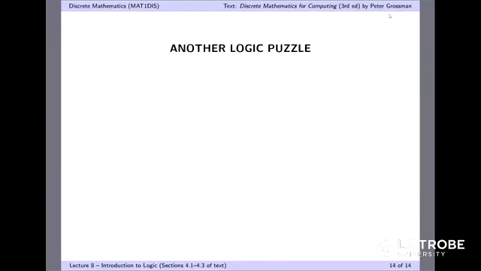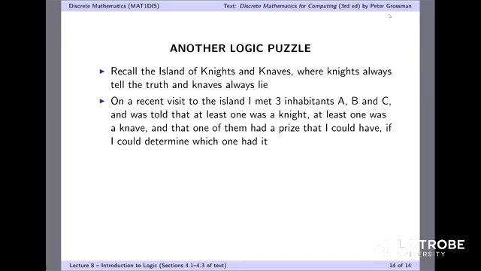Now recall the island of knights and knaves, where knights always tell the truth and knaves always lie. Okay? Now, you met 3 inhabitants there. On a recent visit to the island, I met 3 inhabitants, A, B, and C, and was told that at least one was a knight.